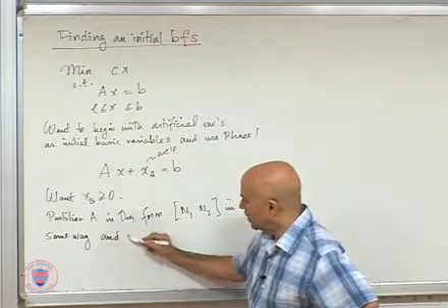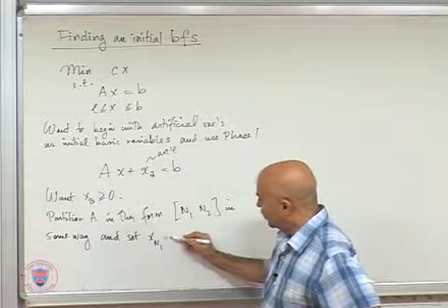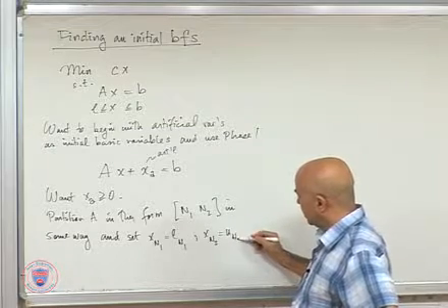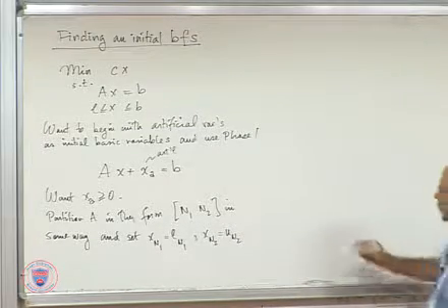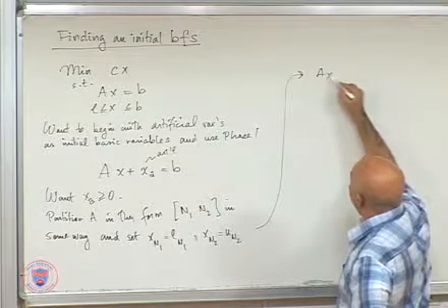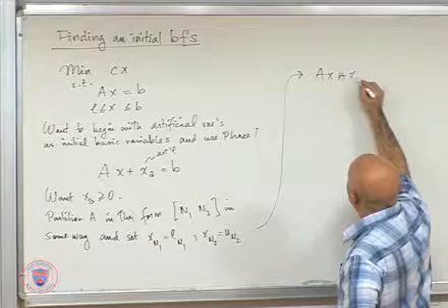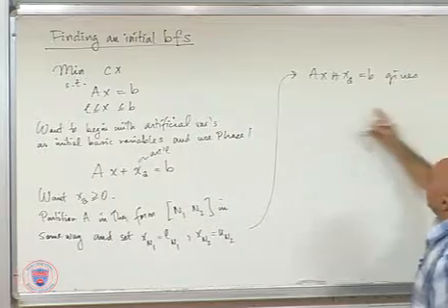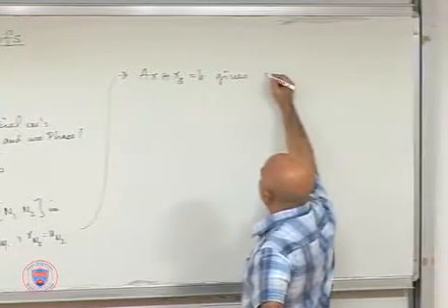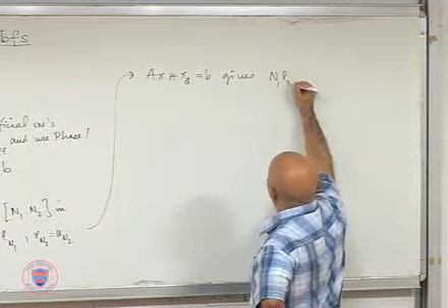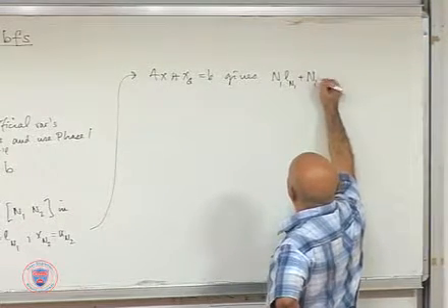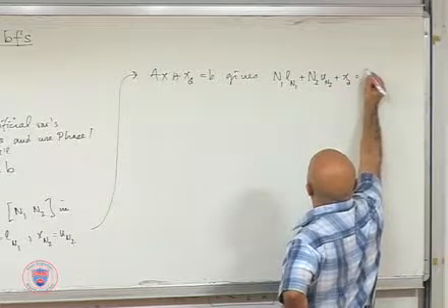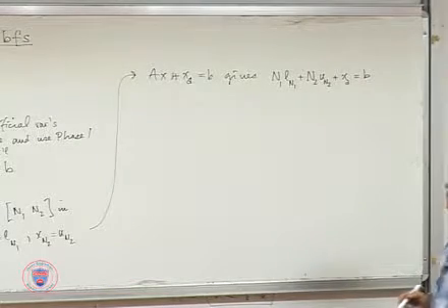And set xN1 equal to the lower bounds, xN2 equal to the upper bounds. Then, of course, the system Ax plus xa equals b gives N1 lN1 plus N2 uN2 plus xa equals b.